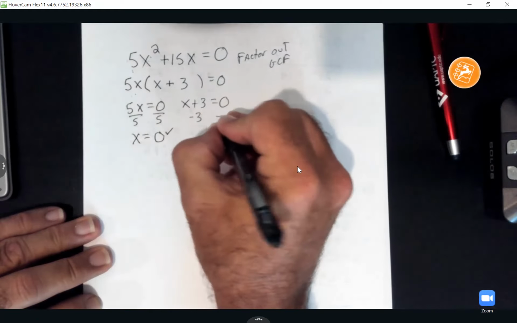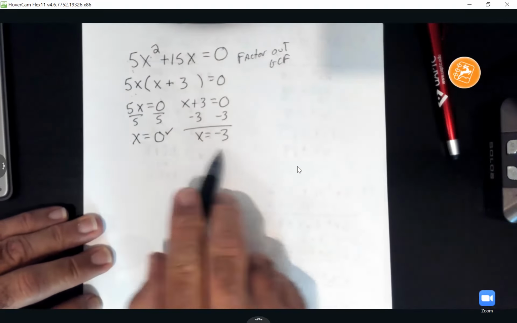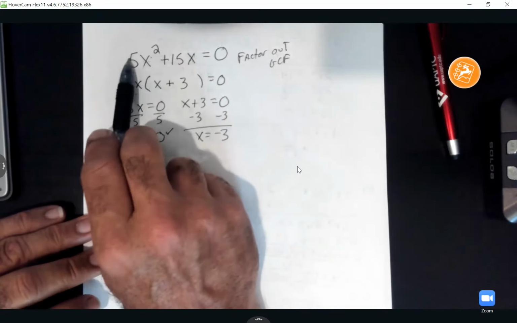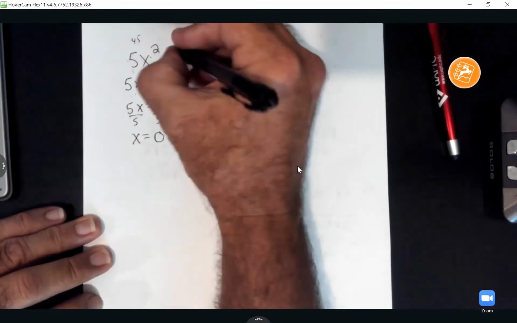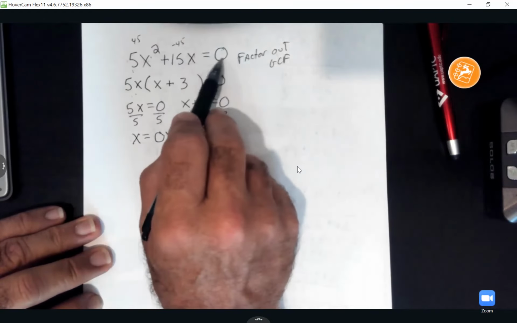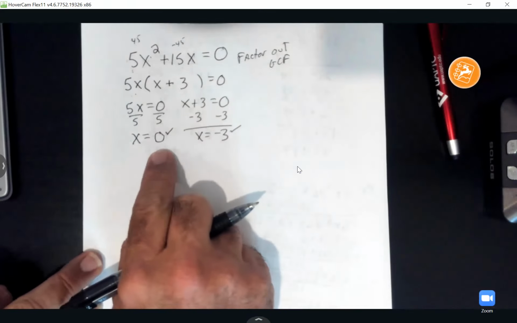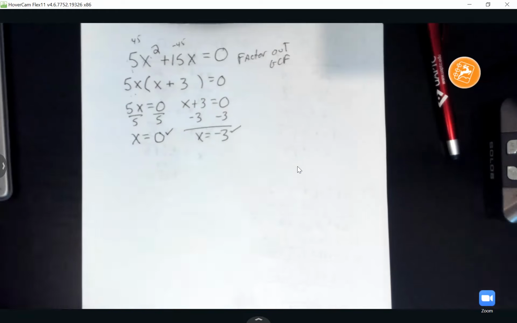And in your second one, you would subtract 3 and get a -3. So if you put a -3 in, -3 squared is 9. 9 times 5 is 45. 15 times -3 is -45. 45 and -45 equals 0. So both these answers check, but notice 0 can be a solution, okay?